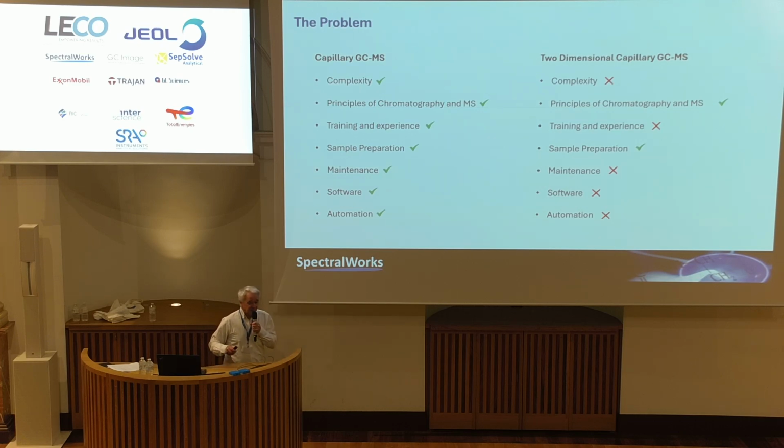Software, I think the first two talks yesterday both came up with the fact that software is a limiting factor as to how people perceive 2D GC. And automation, I think we had someone again yesterday or this morning saying that they've actually now introduced 2D GC to the chemists that don't have to have particular expertise at it.